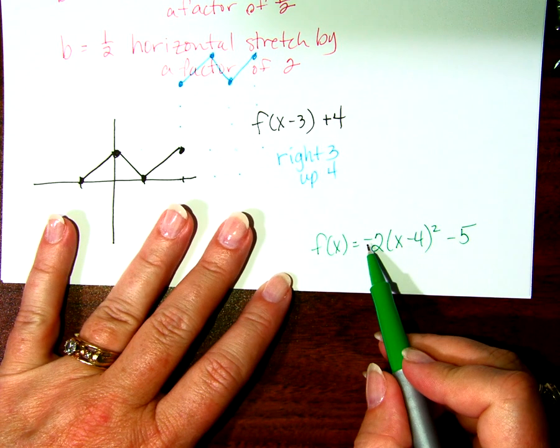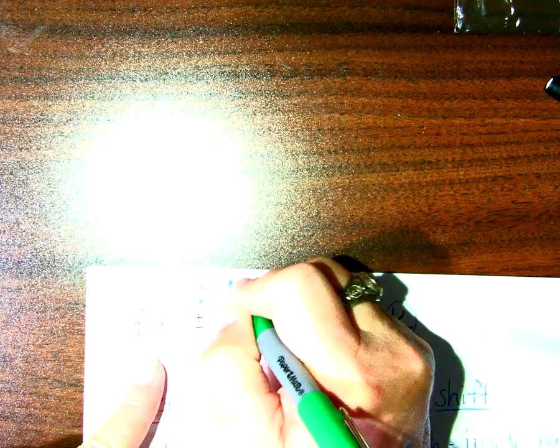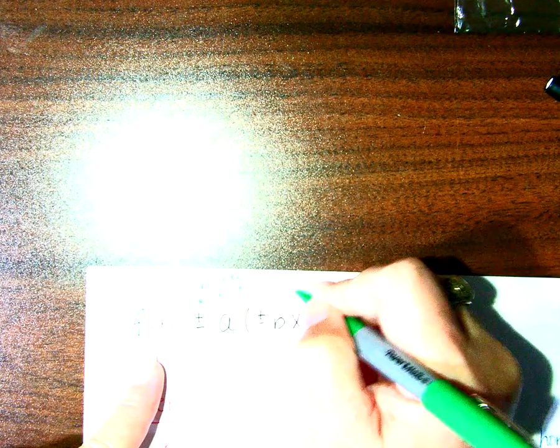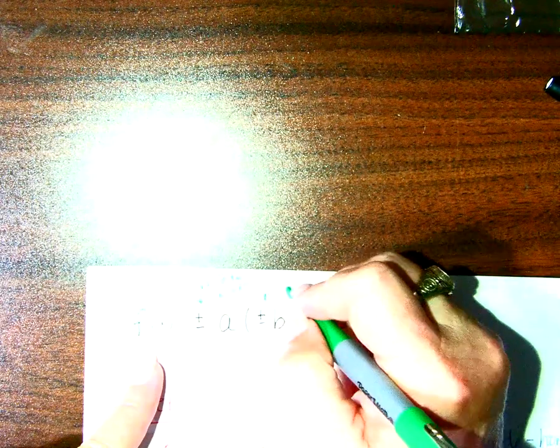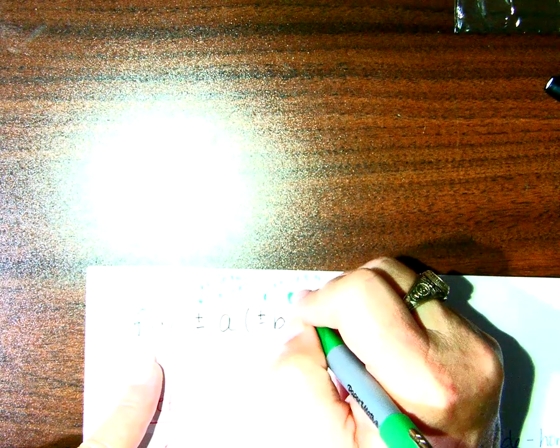That's a reflection across what? So let's go and write this up here. If this is negative, that's a reflection over the x-axis. If that's negative, if b is negative, that's a reflection. Where? Over the y-axis, right?